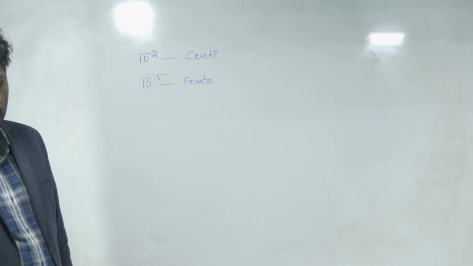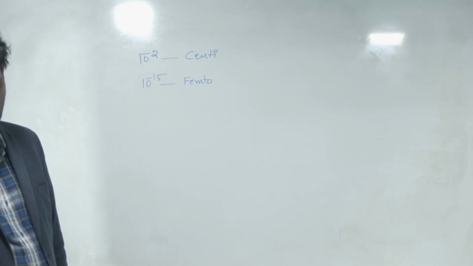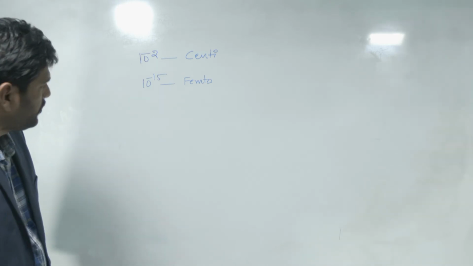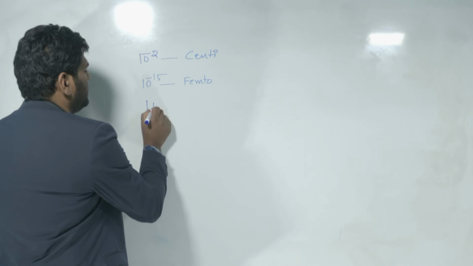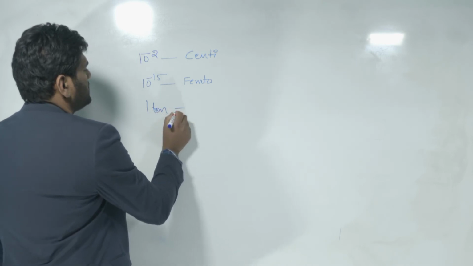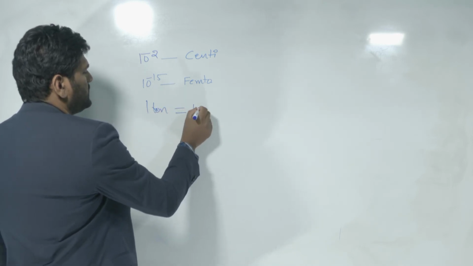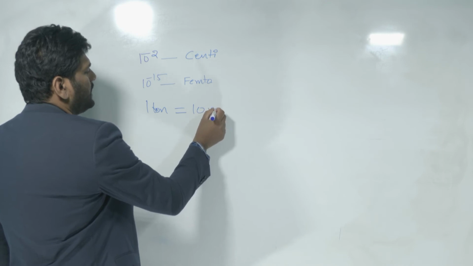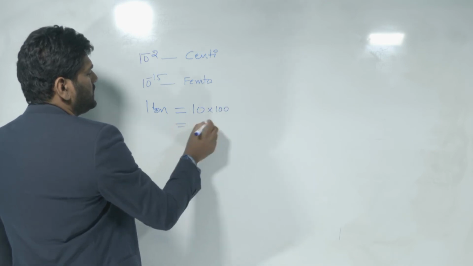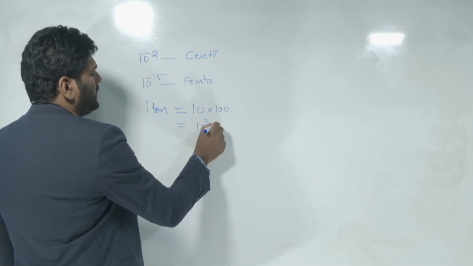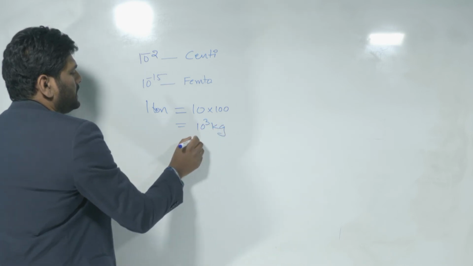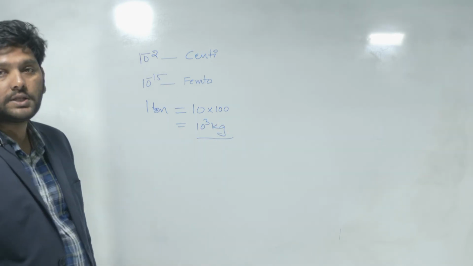Next, 1 ton is equal to how many kg? 1 ton means how many quintals? 10 quintals. A quintal is equal to how many kgs? So totally 10 power 3 kg. So 10 power 3 kg we call 1 ton.